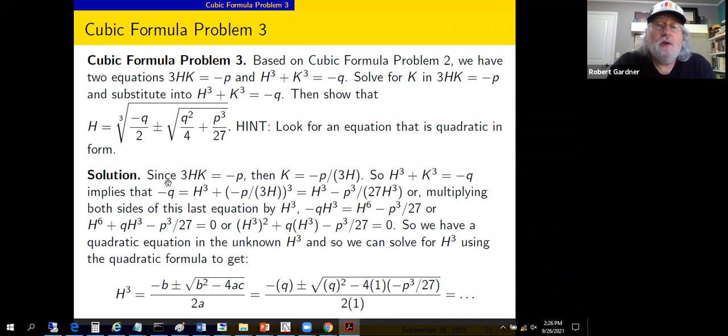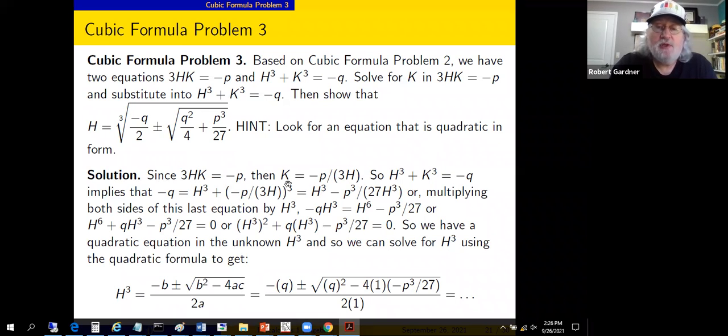So 3hk equals negative p, right? Then they told us to solve for k. Okay, we'll just divide both sides by 3h, and that'll leave us k equals negative p divided by 3h. We had h cubed plus k cubed equals negative q from the previous problem.